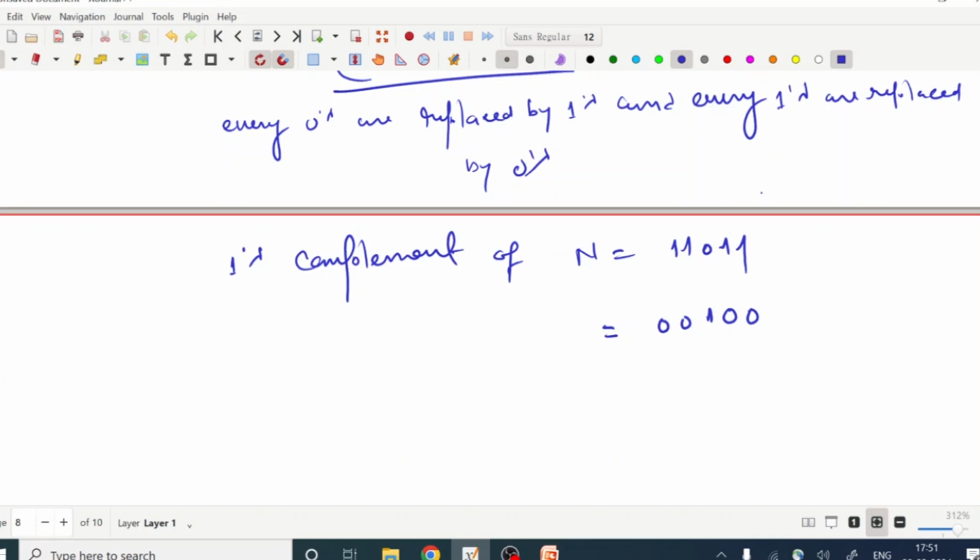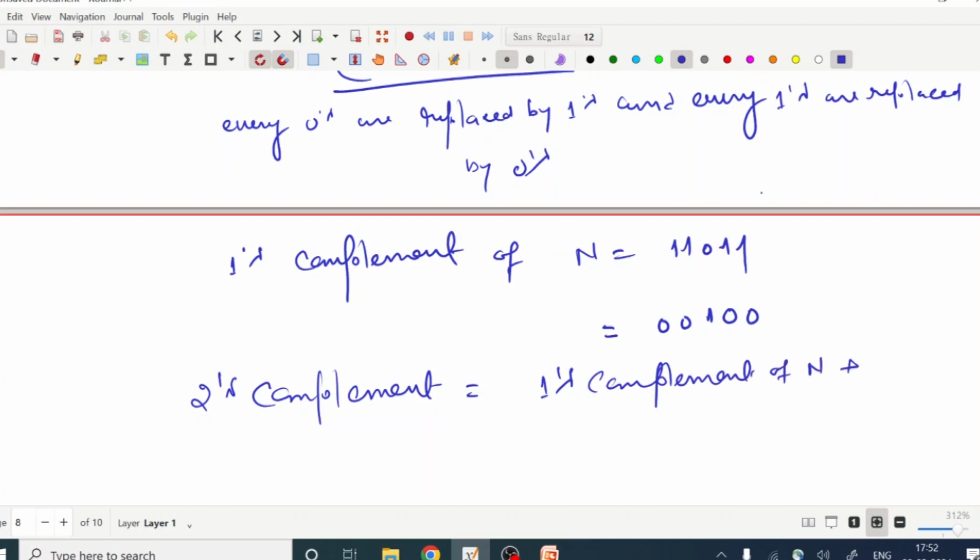And when we find a 2's complement, the 2's complement is equal to the 1's complement of n plus 1. Like for finding a 10's complement, that is a 9's complement plus 1. Similarly, in case of the octal number system, the 8's complement is the 7's complement plus 1.